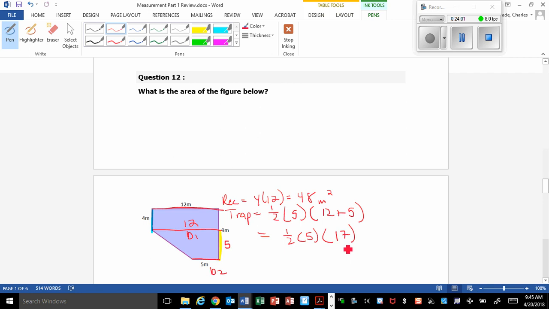And then 17 times 5 should be 85. And then half of 85 is 42.5. So 42.5 meters squared. That's our answer there.